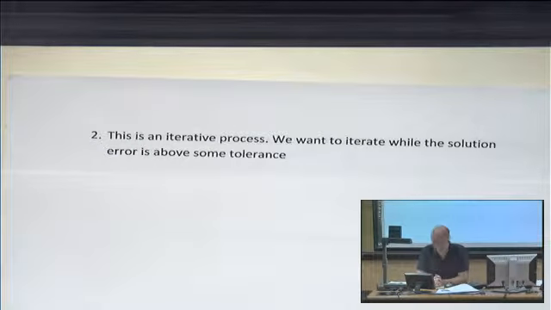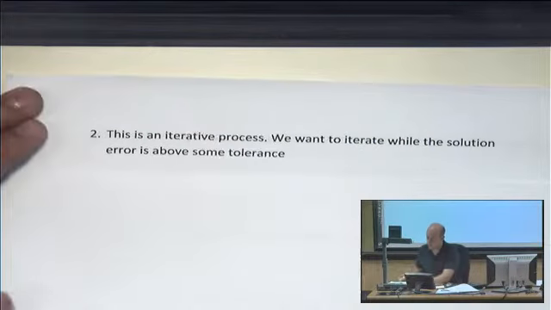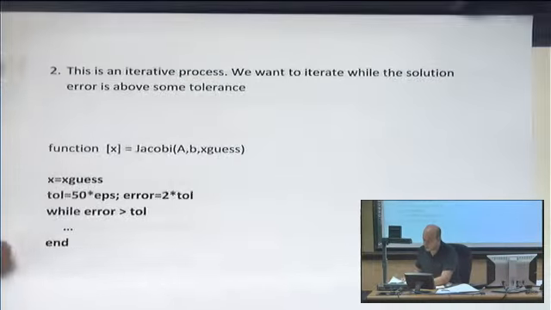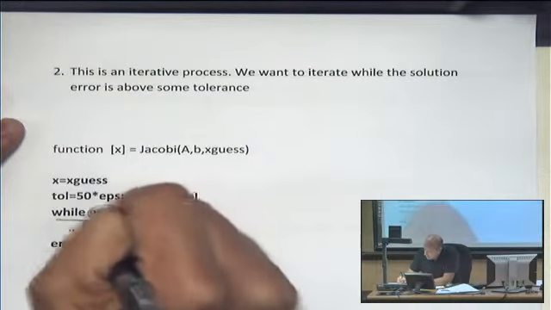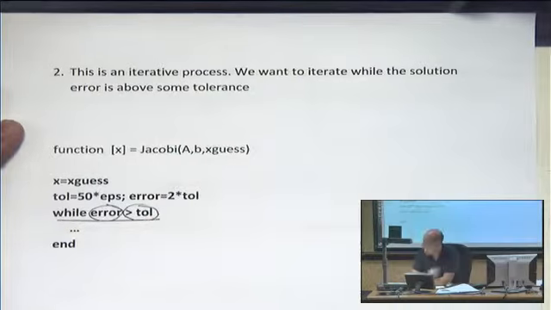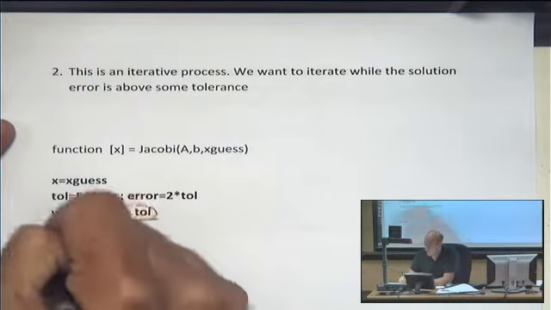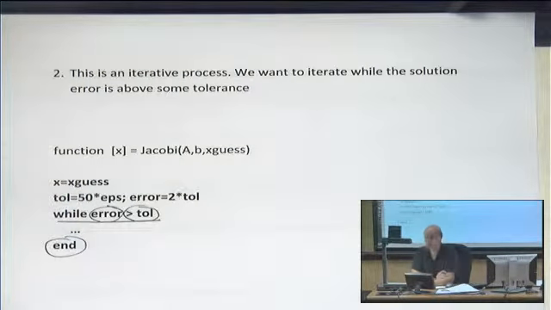So it's a while loop, okay? And I want to do it while the error is above some tolerance. So what I'm going to do is I'm going to say while the error is greater than tolerance, and then I'm going to do a bunch of stuff in between. I don't know what that is yet. We're going to have to figure that out.